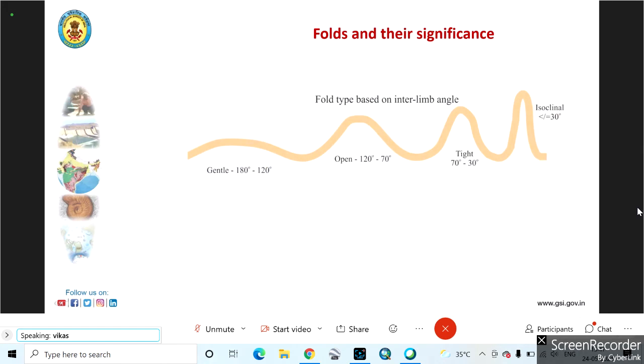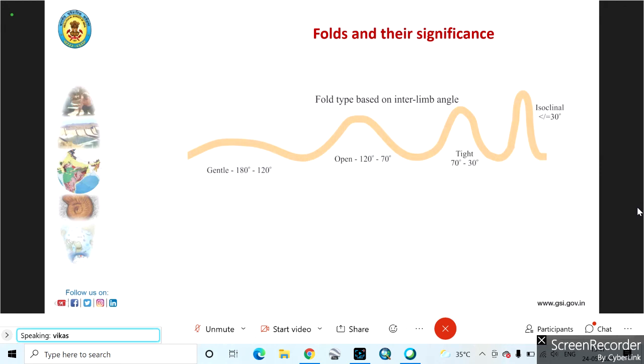Okay. Now this diagram, everyone has seen, that is a type of fold classification, where we discuss the interlimb angle, the angle between the two limbs. So we classify them as gentle, open, tight, and isoclinal. This we all know.